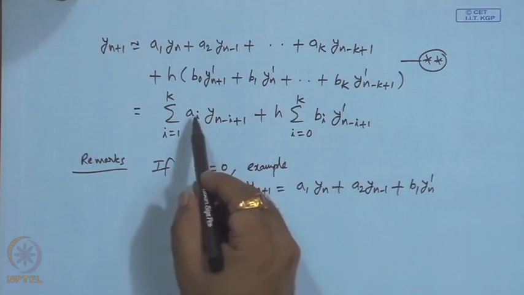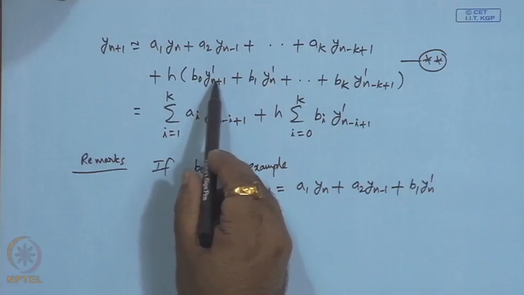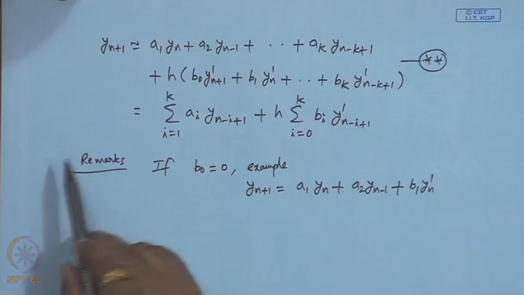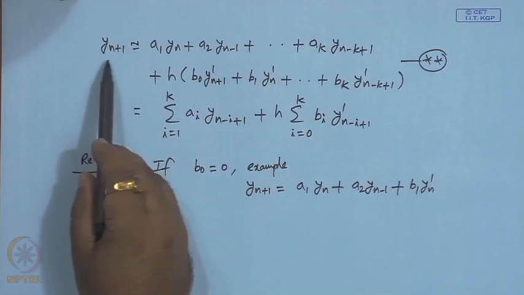So, look at it, what is b 0? b 0 is the coefficient of y n plus 1 prime, and we are trying to compute y n plus 1.